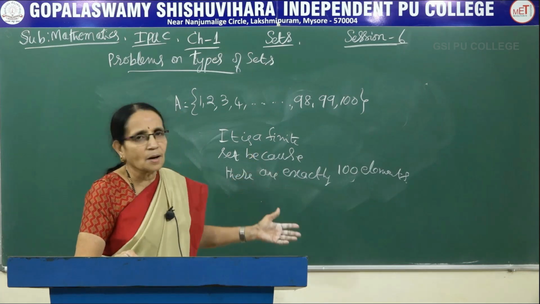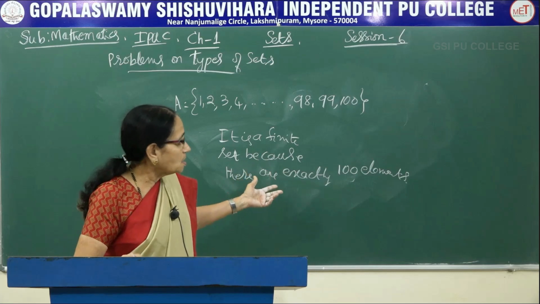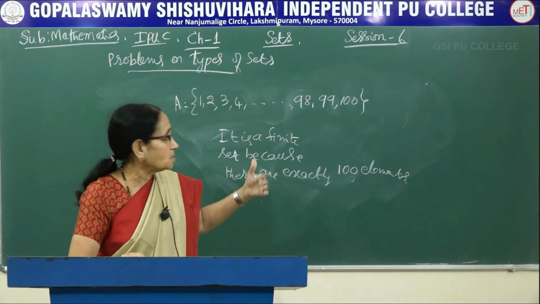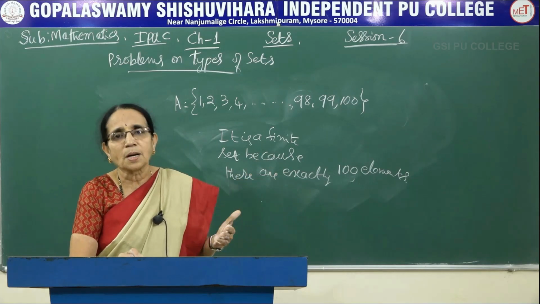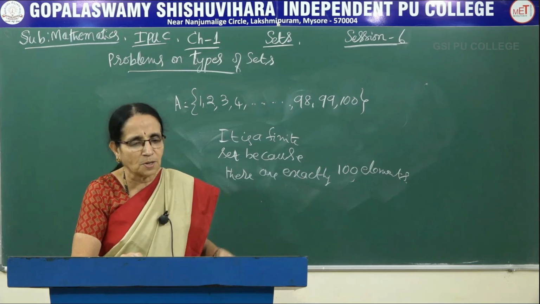So usually they ask you, find what type of set it is, and then justify your statement. That means why you take it as a finite set, or why you take it as an infinite set. The reason should be specified.